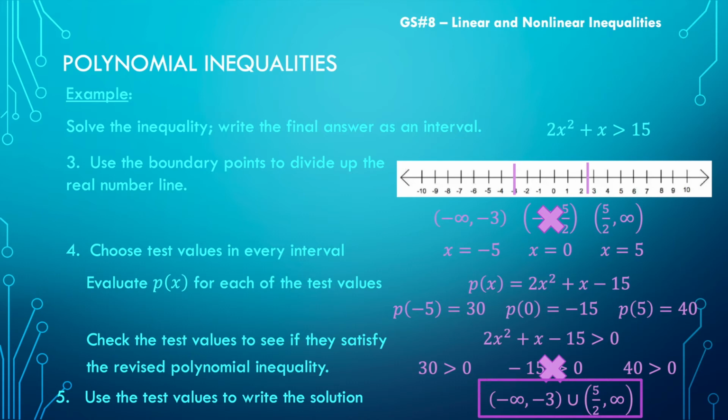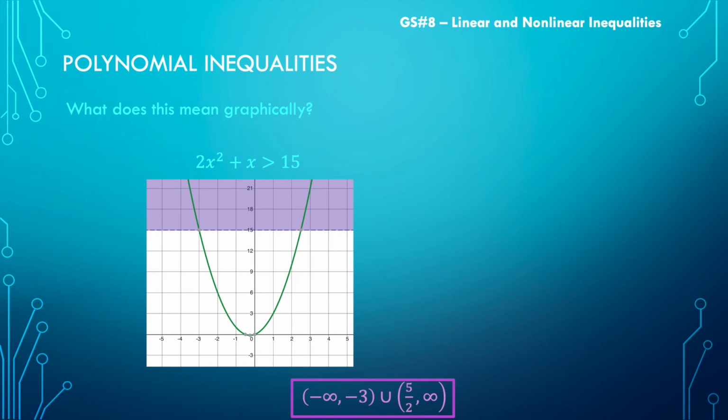All right, so what does that mean graphically? Let's take a look. If I'm looking at this graph, the green part here is the graph of 2x squared plus x. You can see that the dashed line here is the line y is equal to 15. So what we're looking at is what part of the green graph is above the y value of 15. I shaded it so that we could see it a little bit easier.